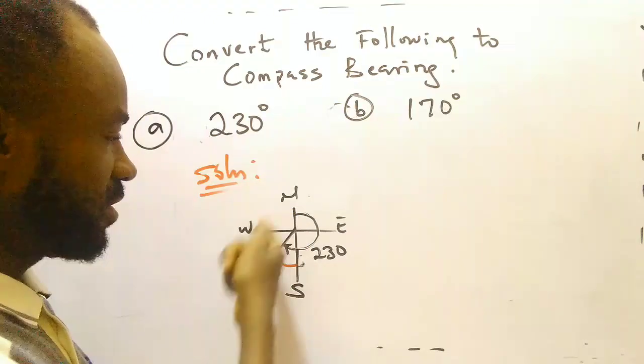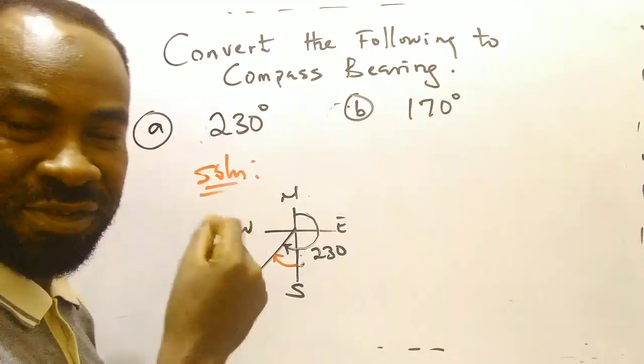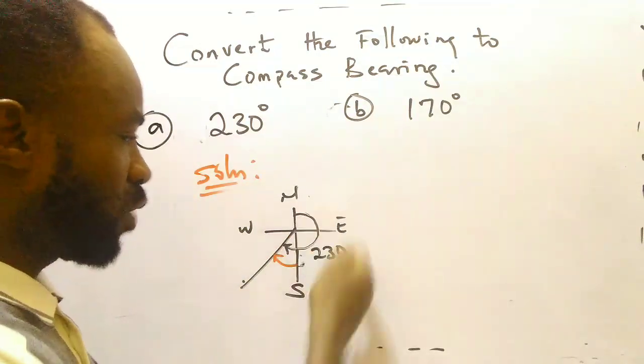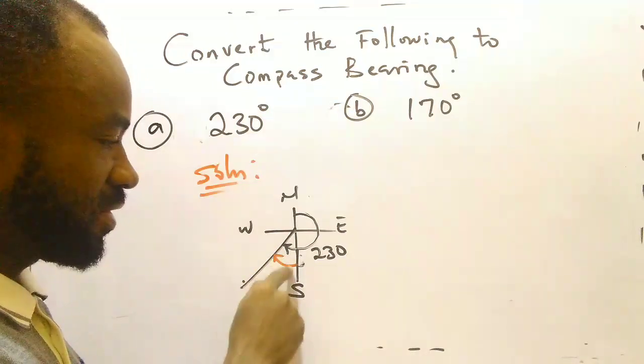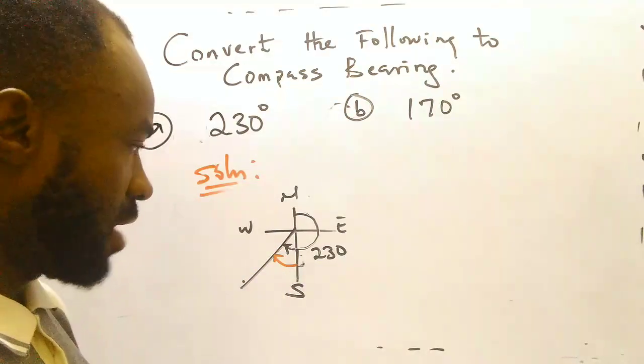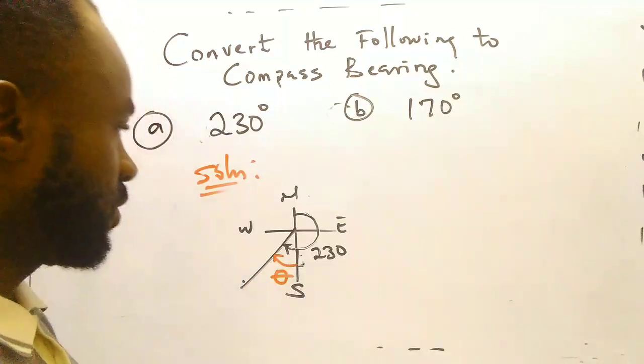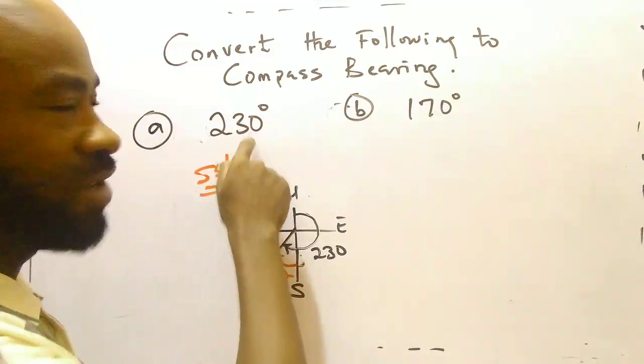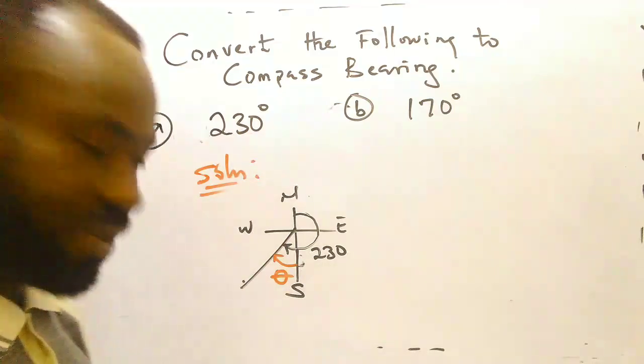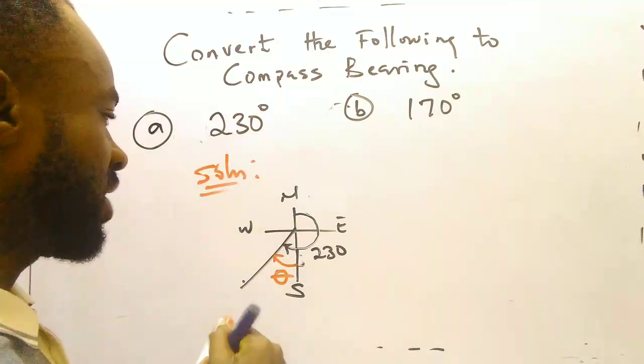If you take this north, it will give you an angle that is not acute. If you take this one, the same thing. So this angle from the south is the one. Let's call this angle theta. That is the angle equivalent to 230 degrees. And how do we get theta?